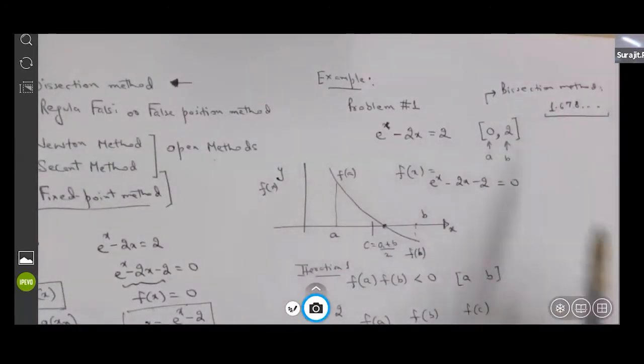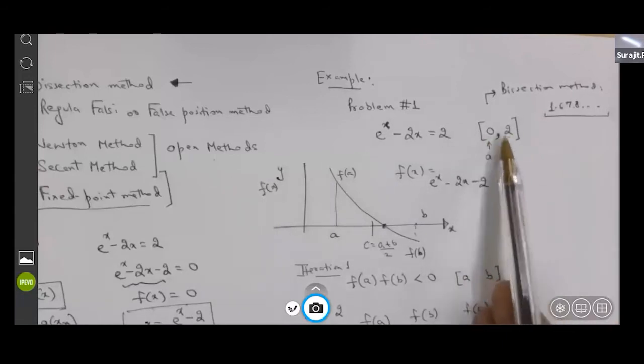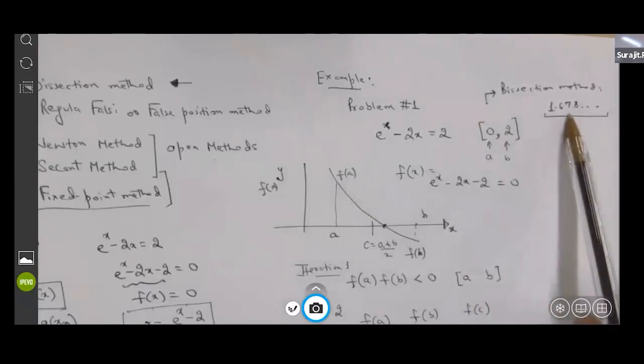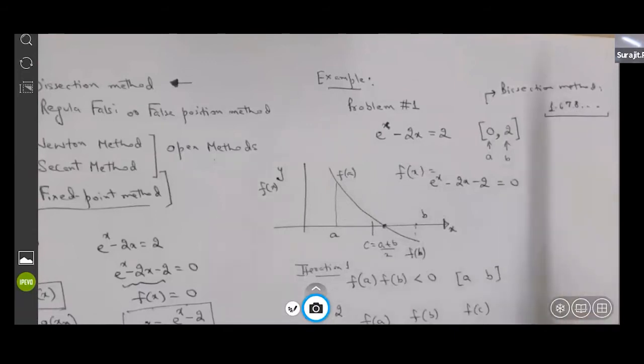Now, when we are using the bisection method, we start with bracketing, with this interval, and we said that the root will lie within that interval. And when we did the bisection method, we found that the value of x was close to this range.